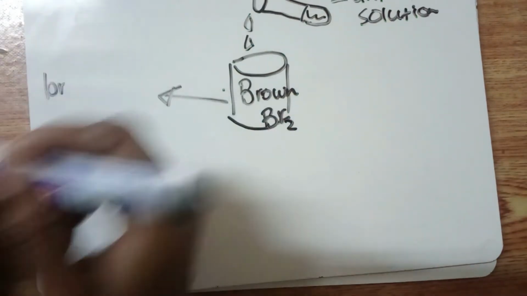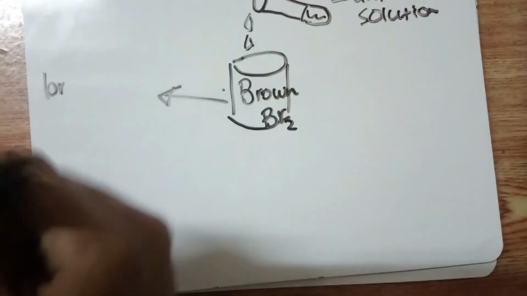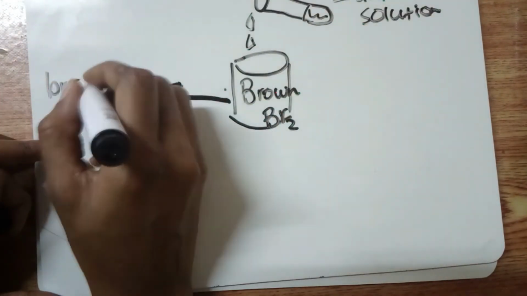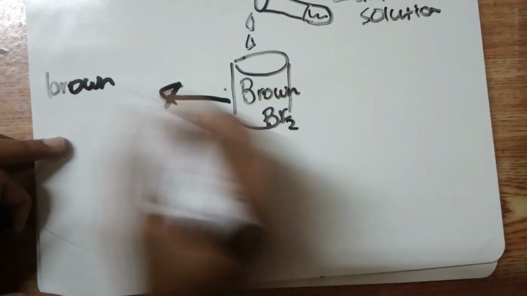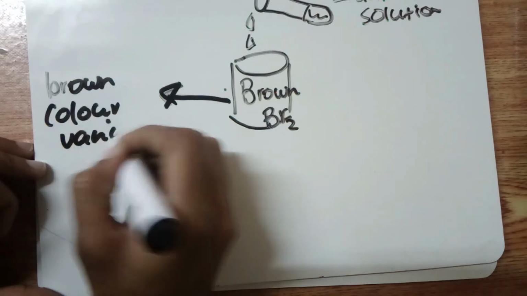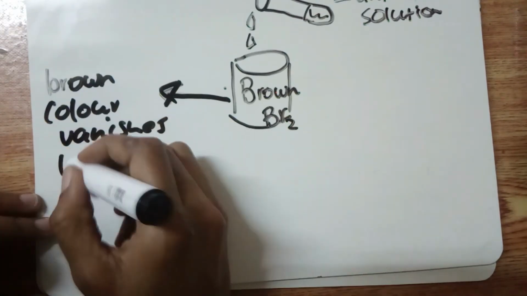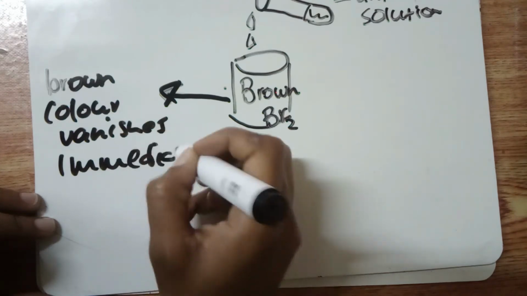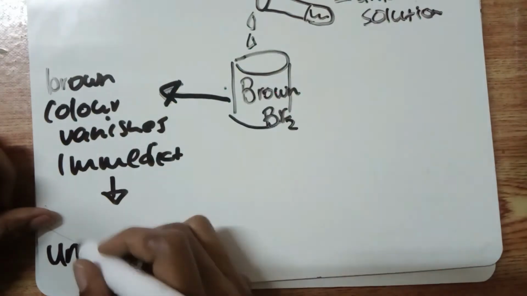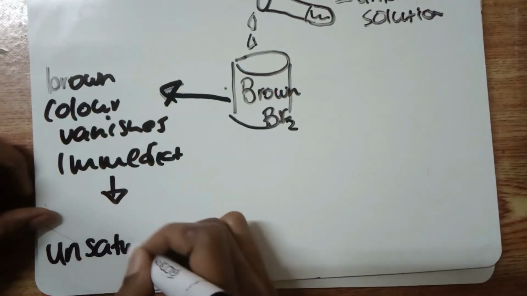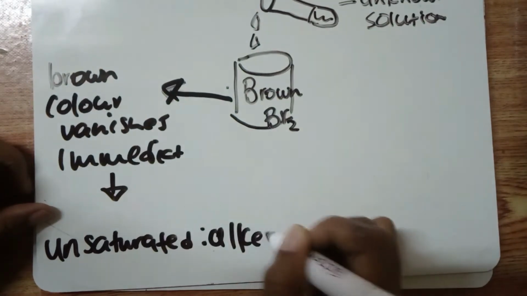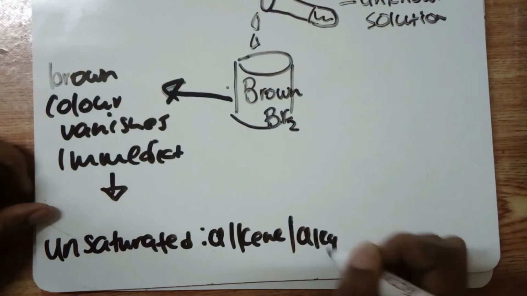You're going to know that your solution was an unsaturated solution, meaning that it was either an alkene or an alkyne.